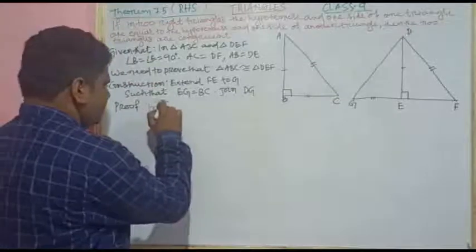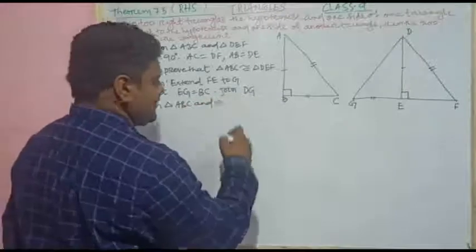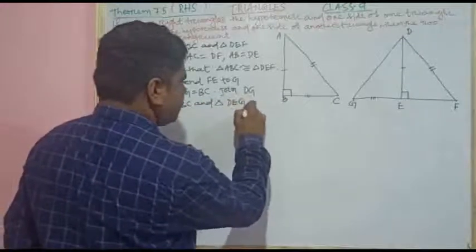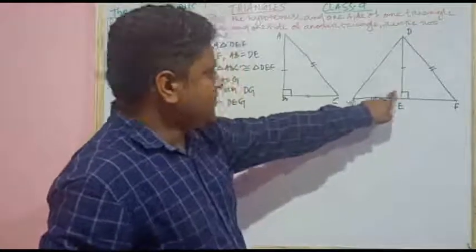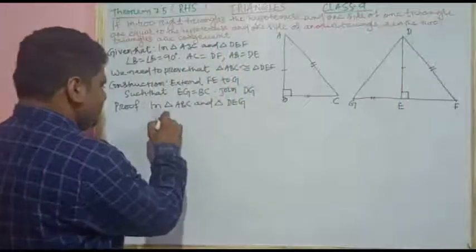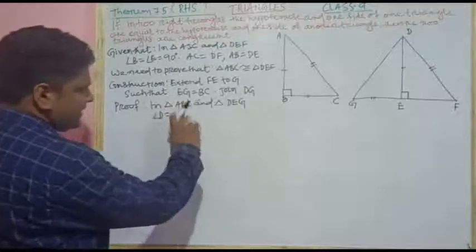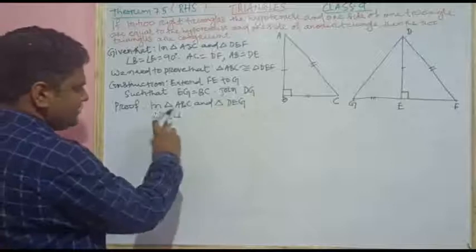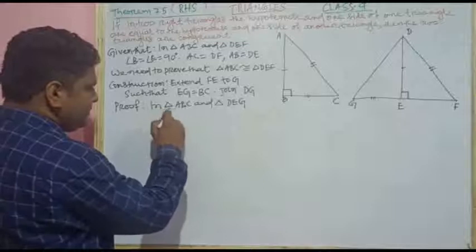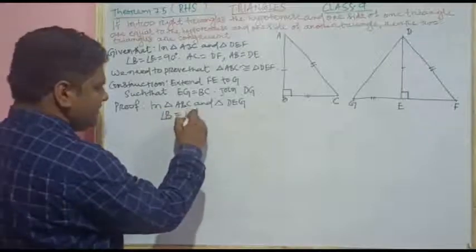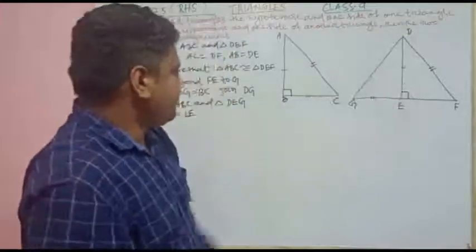In triangle ABC and triangle DEG, if this one is 90 degrees, then this one must also be 90 degrees. First we have taken triangle ABC, then DEG, so we have to first write the sides and angles of triangle ABC, that is, angle B is equal to angle E, meaning angle E of triangle DEG.